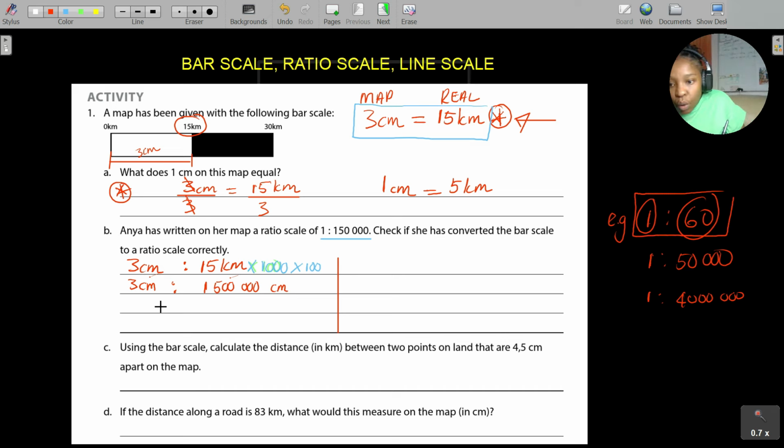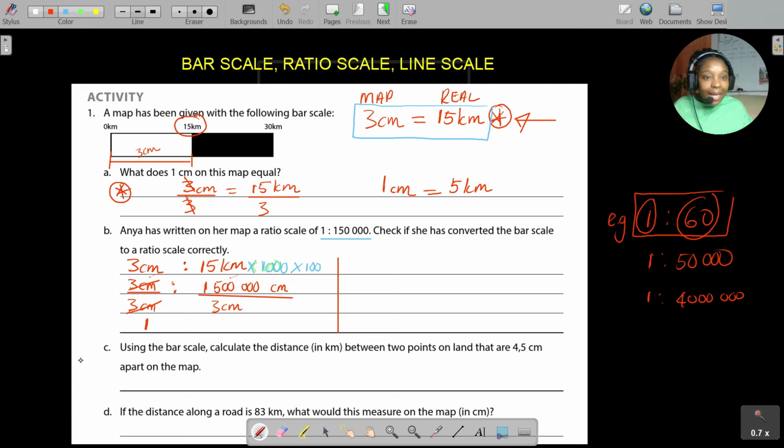All we need to do is divide the left hand side by 3 centimeters and the right hand side by 3 centimeters. 3 centimeters divided by 3 centimeters gives us 1: centimeters and centimeters cancel, and 3 divided by 3 is 1.